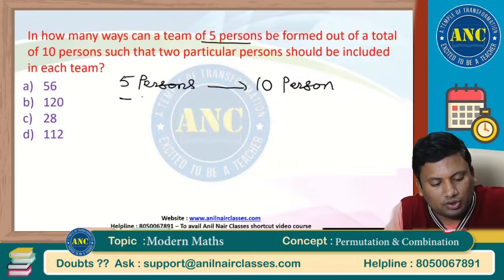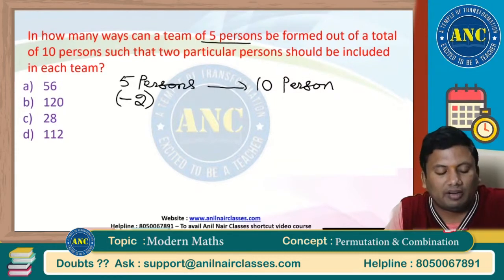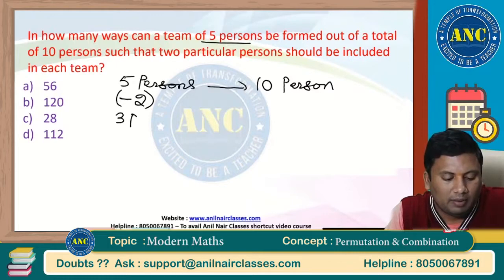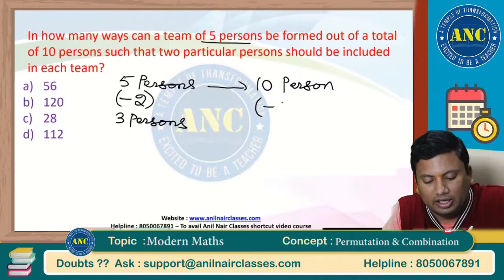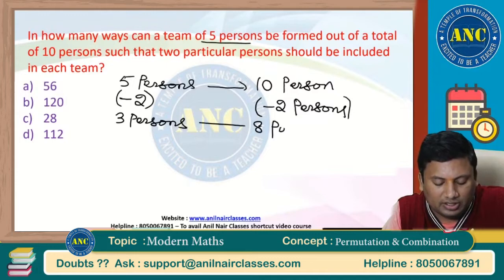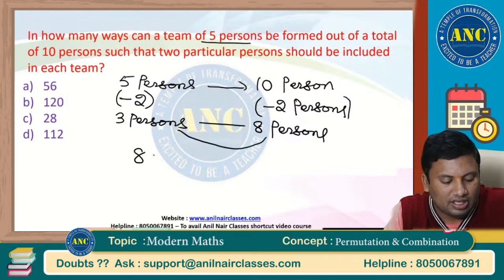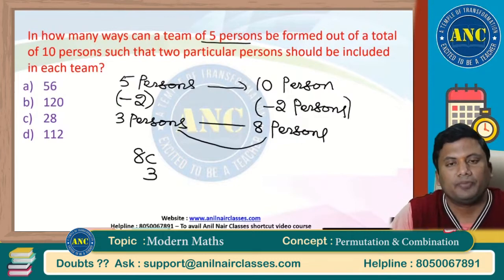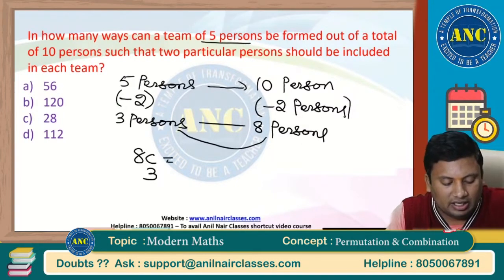Out of 5, 2 should be included. Remaining selection is nothing but 3 persons. Remaining it is nothing but 8 persons. So from 8 persons I need to select 3, which is nothing but 8C3.